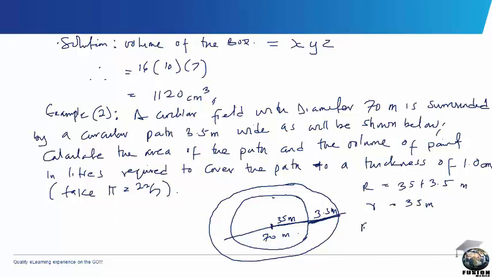So big R is equal to 38.5 meters, while small r is equal to 35 meters, and our pi is given as 22/7, and the diameter d is equal to 70 meters.